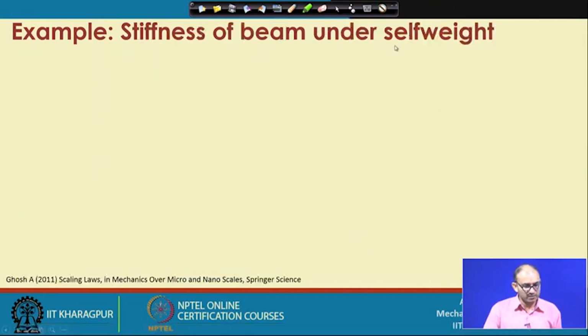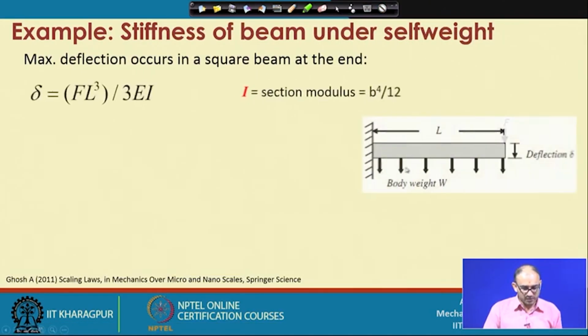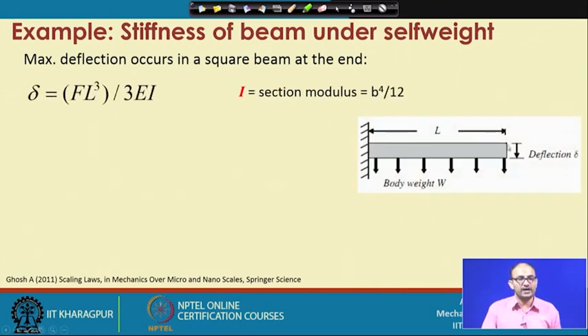Now, stiffness of a beam under self weight, let us take this example also. Here, we are not putting any weight. Let us see what weight of the beam will self sustain, that means up to which length or which weight you have to make a beam so that it will not fall down under its own weight. So, now we are removing that particular F from here.